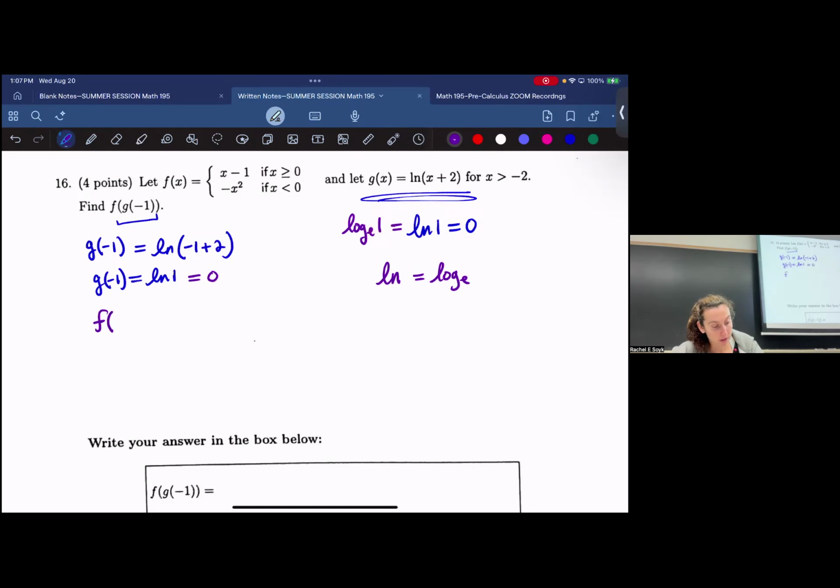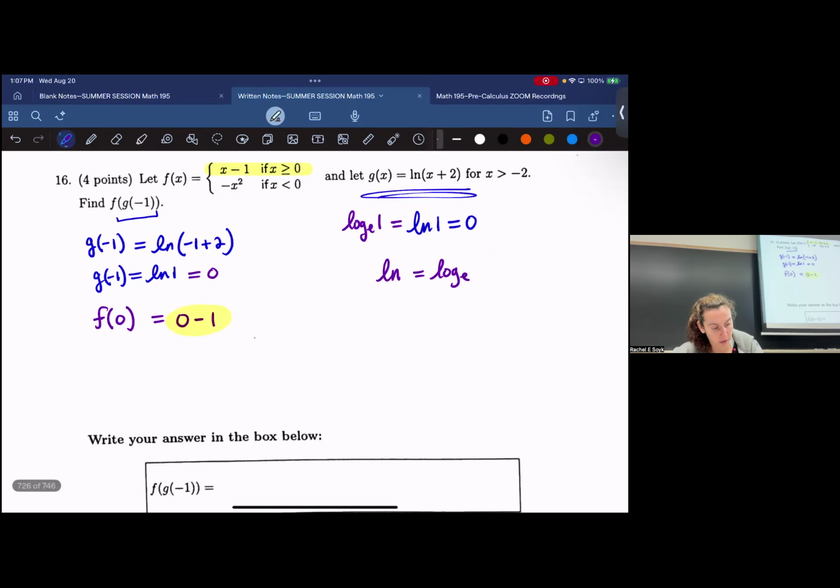And now we want to evaluate, okay, what's f of 0? Well, f of 0 is the top equation of this piecewise function because our x is including 0 there. So we're just going to plug in 0 for x in what we have in yellow. And we end up with our final result to be -1. And we're done.